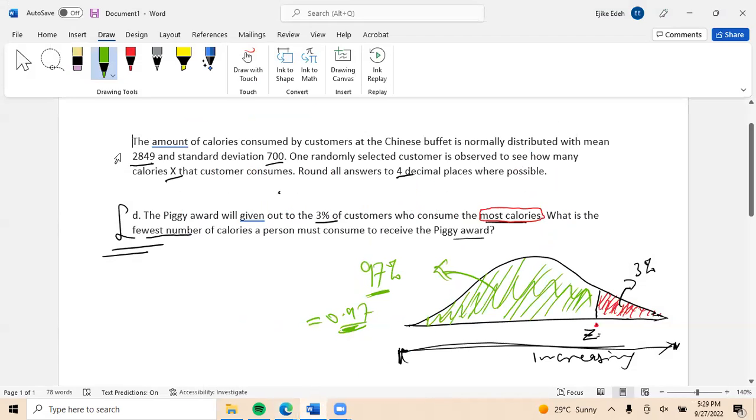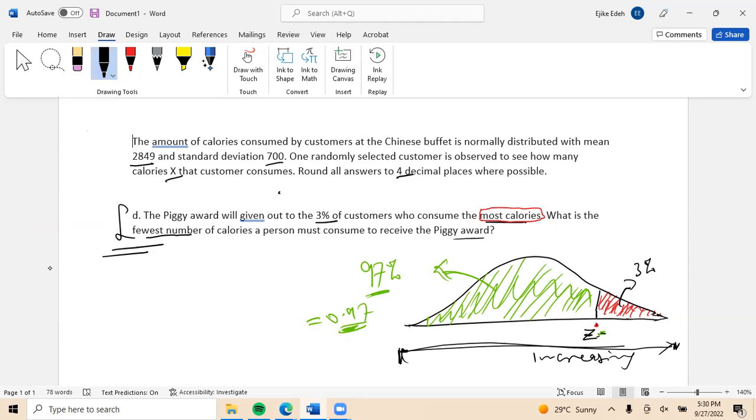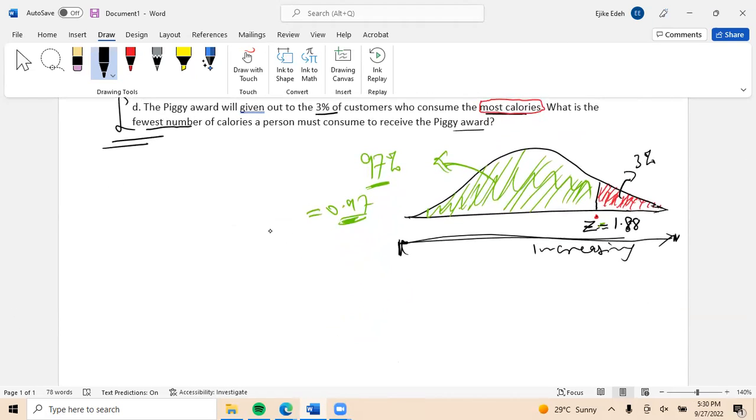So this z value over here is equivalent to 1.88. But that is the z value equivalent to the calorie of interest, so you're going to use the usual formula to convert it back to calories. Our z is given as x minus the mean divided by the standard deviation.